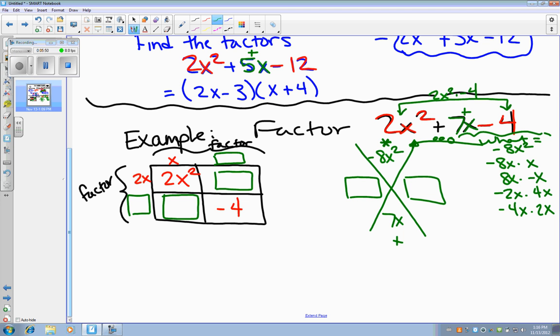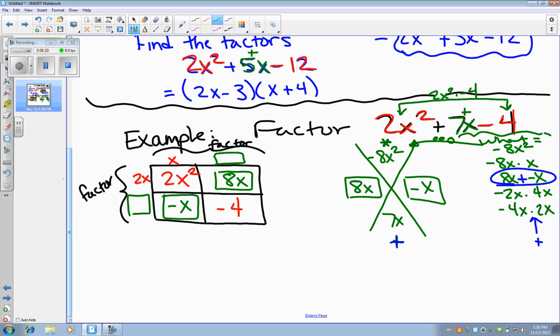But what I'm looking for is which one of these, if I switched this to a plus sign, would equal 7x. And I see that positive 8x plus negative x would be the thing that works. So I'm going to put an 8x in here and a negative x in here. And now I'm going to fill that into my rectangle with 8x and a negative x.